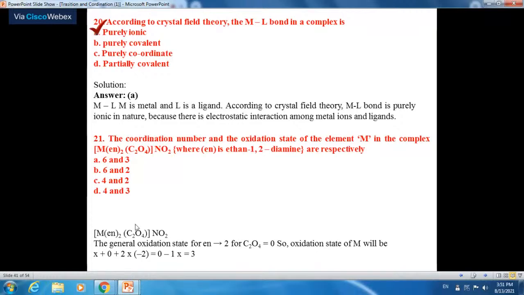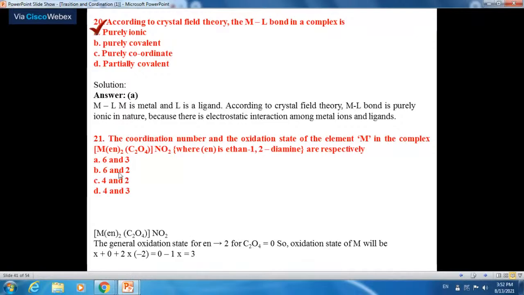So 2 into the charge on oxalato, which is minus 2, that is minus 4. The whole charge is minus 1. Taking minus 4 to the right hand side, minus 1 plus 4 is plus 3. The oxidation state of metal is plus 3.